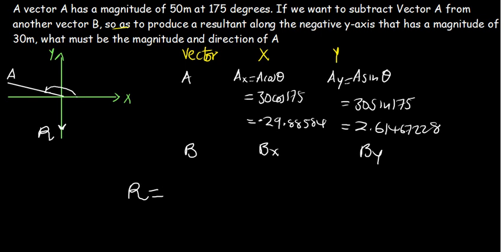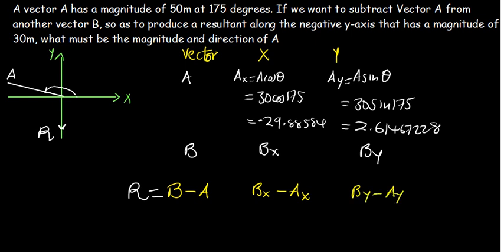Now, if we want to subtract vector A from vector B, so we are removing A from B, meaning B minus A, the x components we are going to subtract, and also the y components we are subtracting. So this is going to be bx minus ax, and then for the y components, by minus ay.